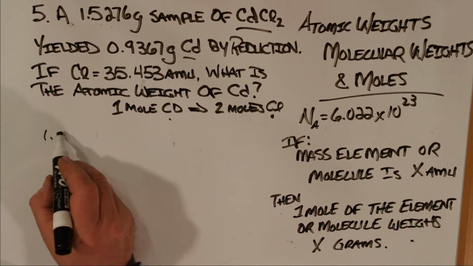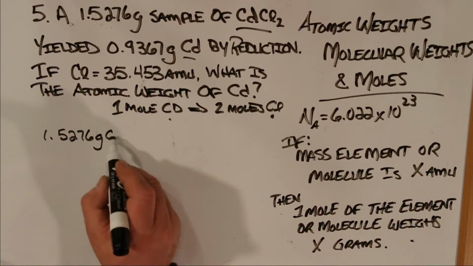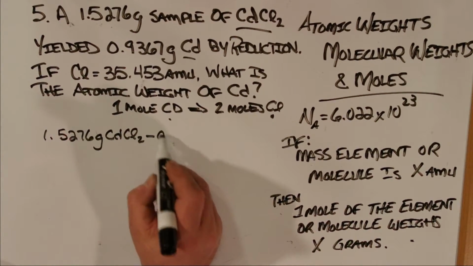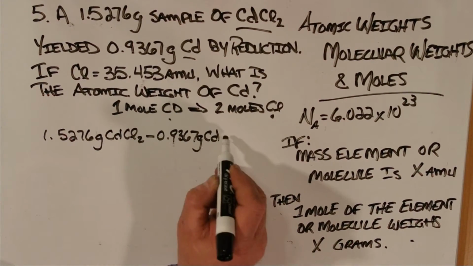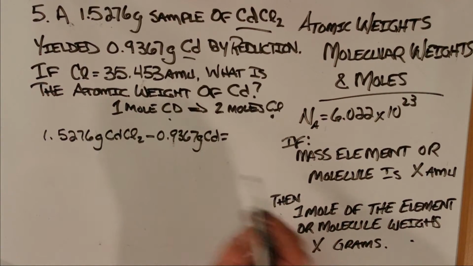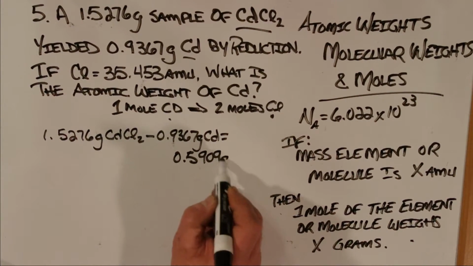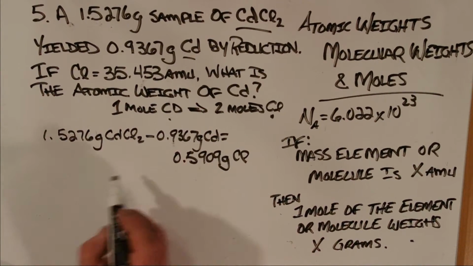The first thing to do is to find the number of moles of chlorine that were present. We started off with 1.5276 grams of cadmium chloride, and the reduction resulted in 0.9367 grams of cadmium. That means that present were 0.5909 grams of chlorine.